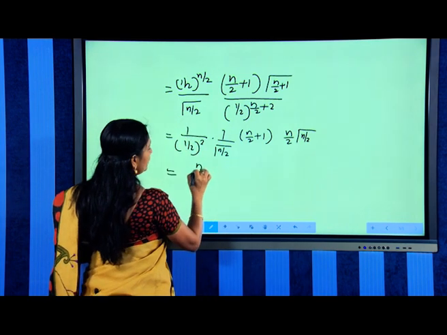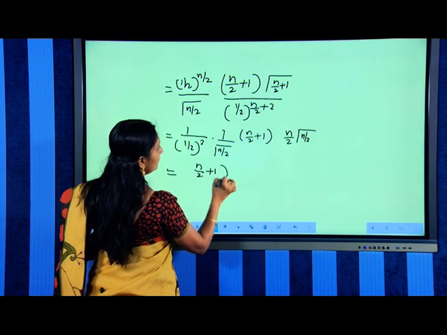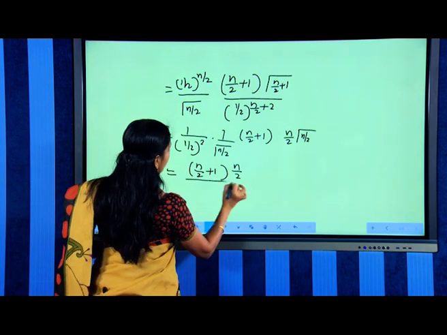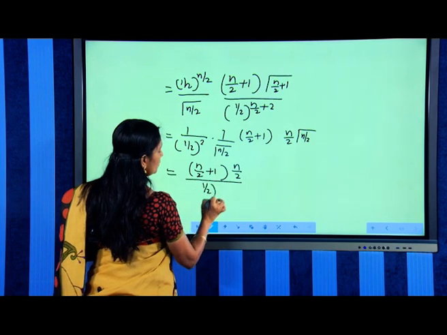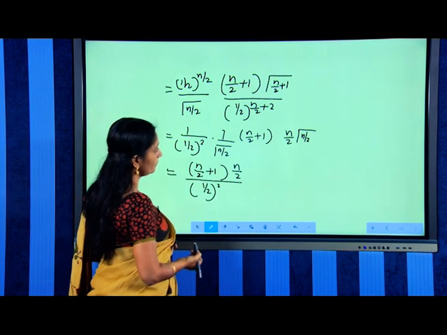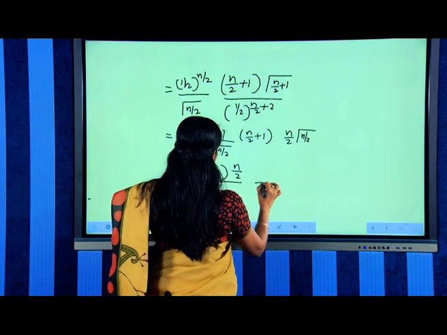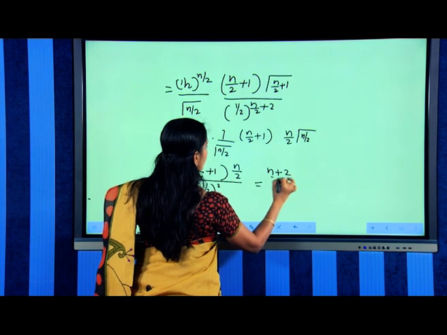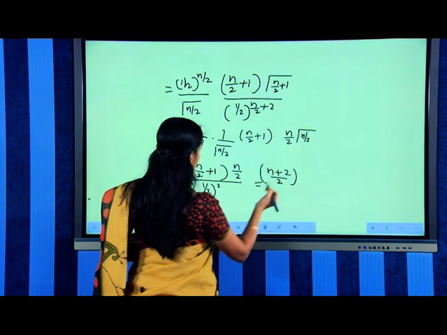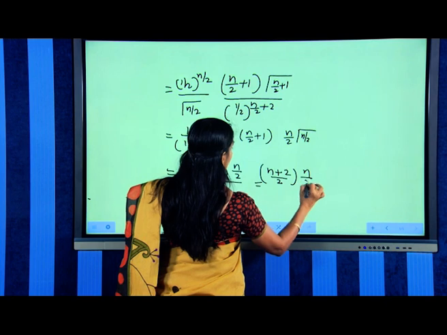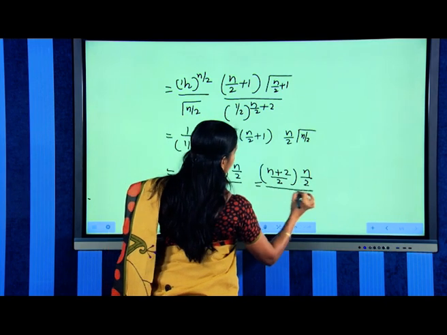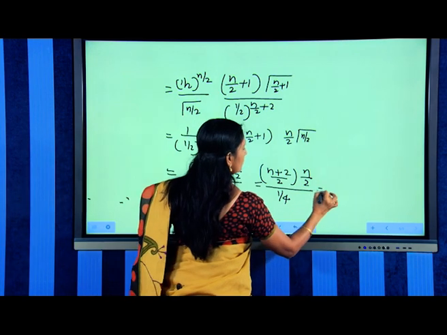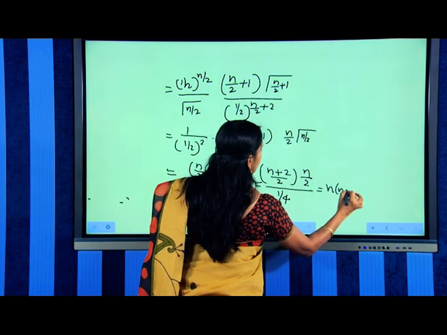It is n by 2 plus 1 into n by 2 divided by 1 by 2 square. That is equal to, simplifying, it is n plus 2 by 2 into n by 2 divided by 1 by 4. That is equal to n into n plus 2.